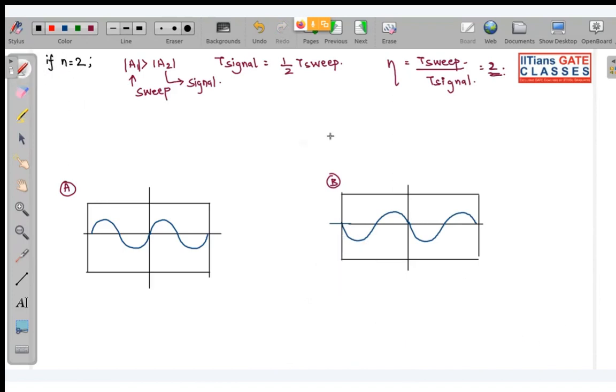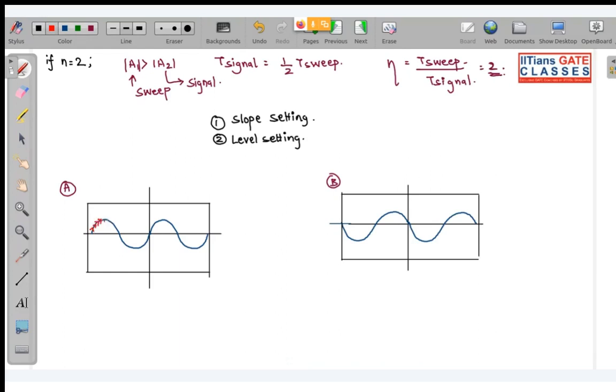First is your slope setting, another is your level setting. Okay, slope setting and level setting. So there are basically two ways. Now in this case you can see I am capturing the positive slope first.